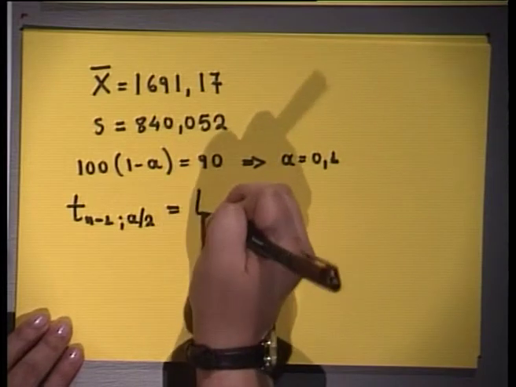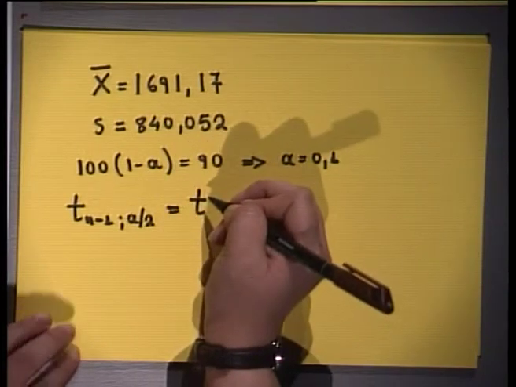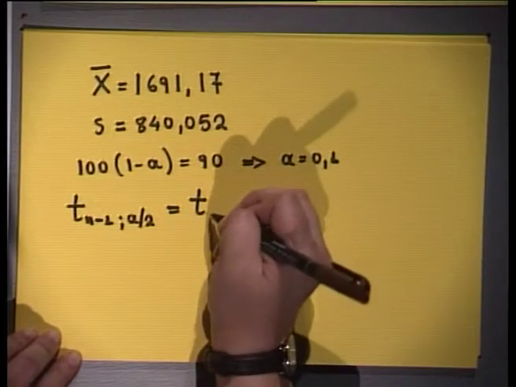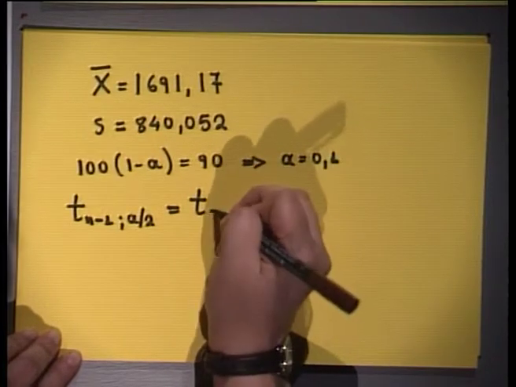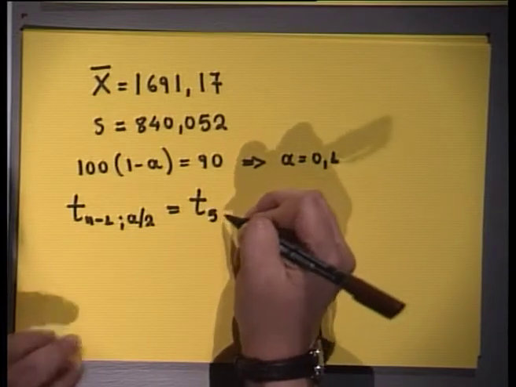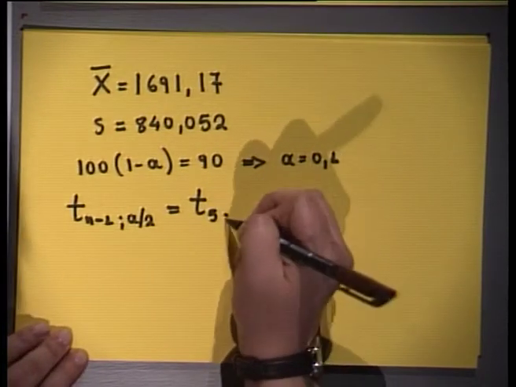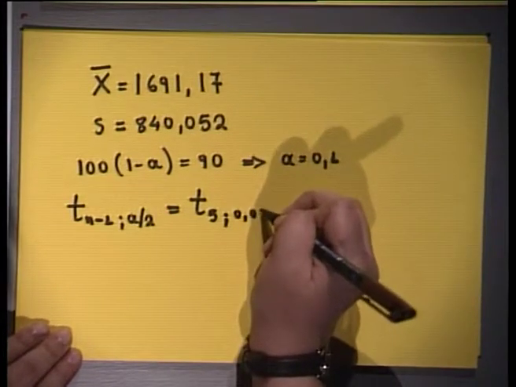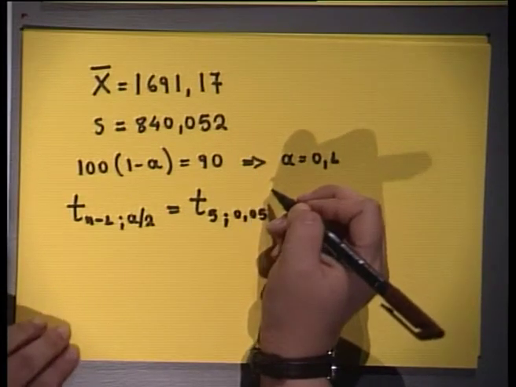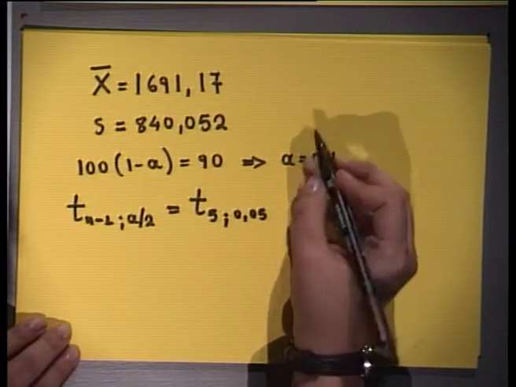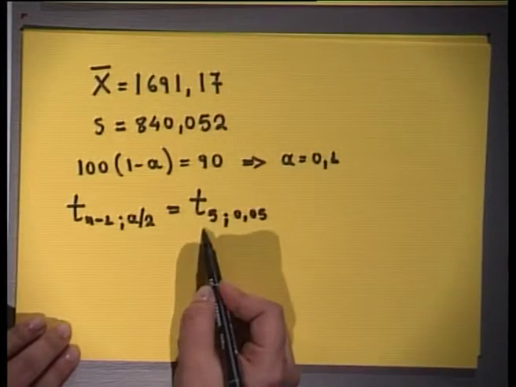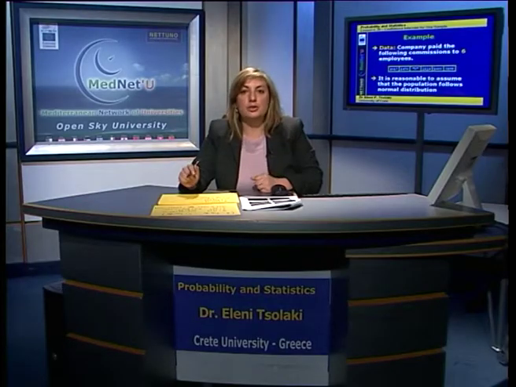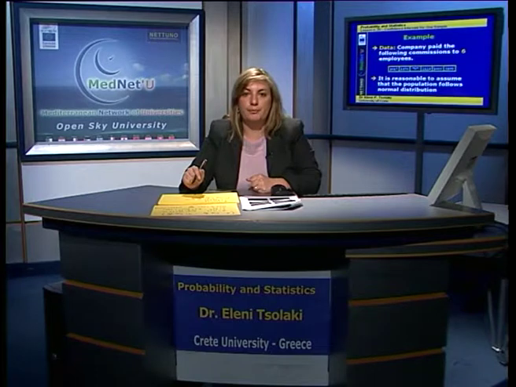We have 6 data, so this is 5, and this will be 0.05. If we look at our tables, we can find this value of the t-student distribution.